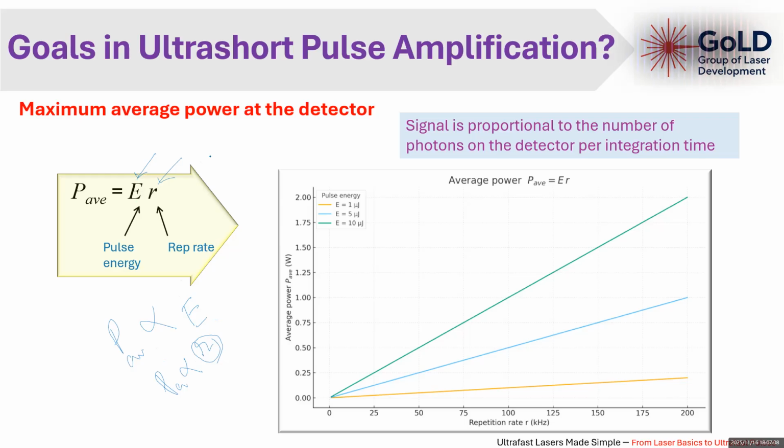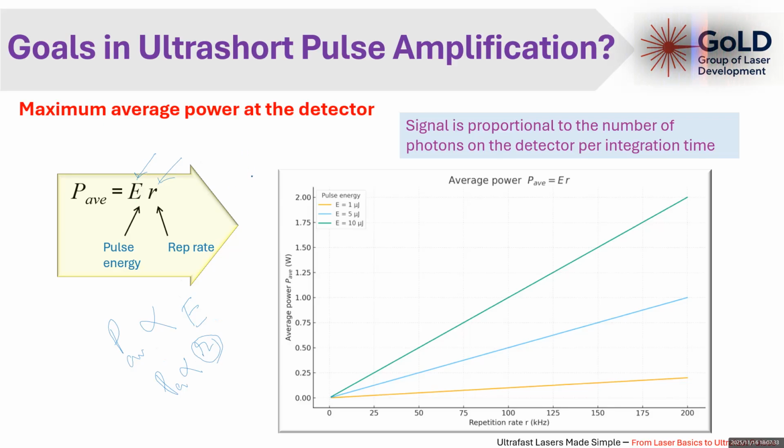We are studying about amplification, so do not confuse it with the oscillators. So the P average is directly proportional to the pulse energy and directly proportional to the rep rate. So with more repetition rate, average power will be increased, and with more energy, definitely average power will be increased.